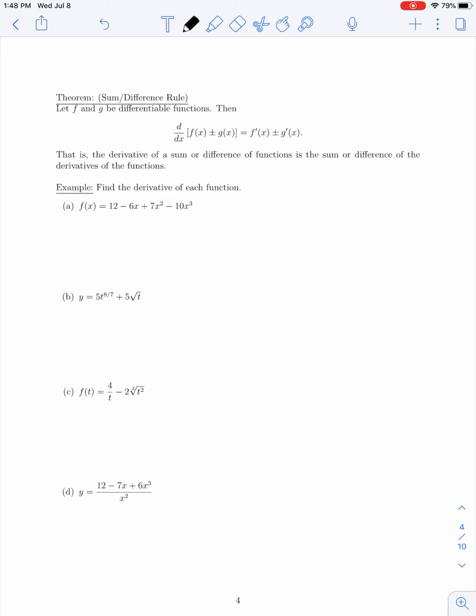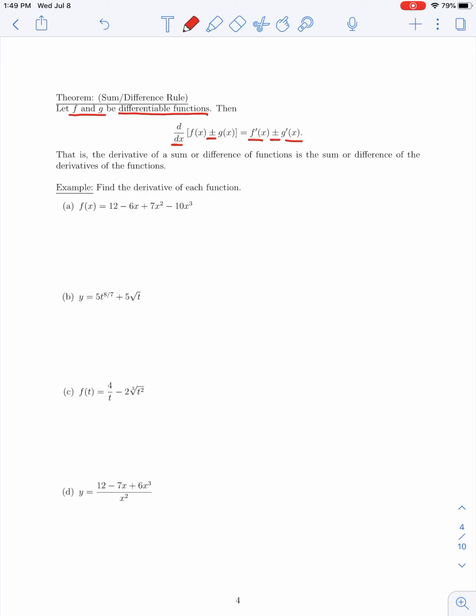Now, the next rule that we'll look at is known as the sum difference rule. And here's what it says. If we have two functions f and g, which are differentiable, that is, their derivatives exist, then the derivative of the sum or difference of those two functions, f plus g or f minus g, is equal to the sum or difference of the derivatives of those functions.